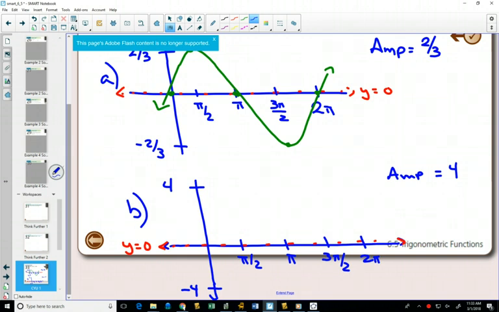So if it started at the maximum and you reflected it over the x-axis, it'll start at the minimum. The reason we split it into 4 equal sections is because your sine and cosine graphs are always going to alternate: minimum to center line to maximum to center line to minimum again. And we can draw our graph.